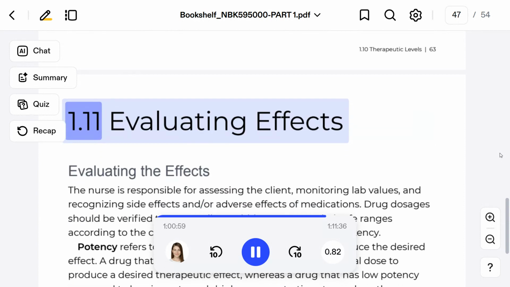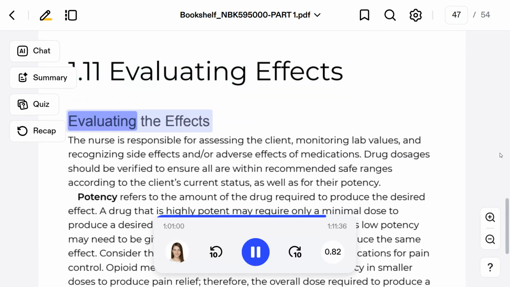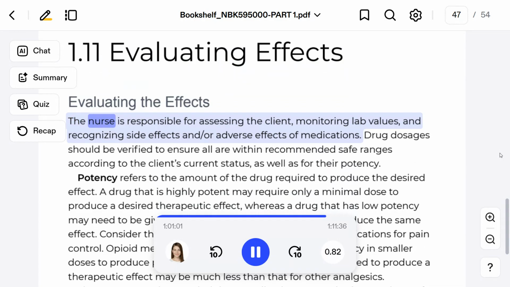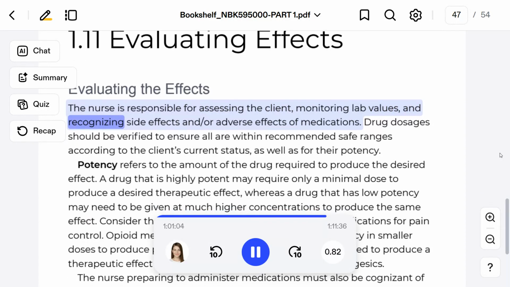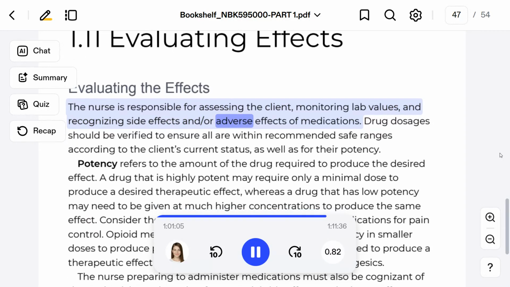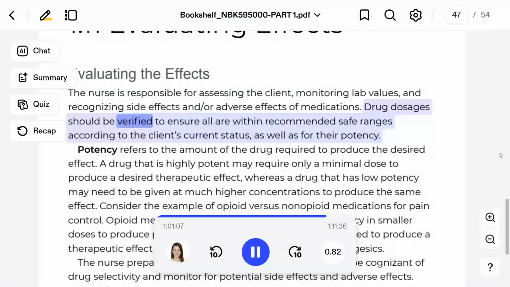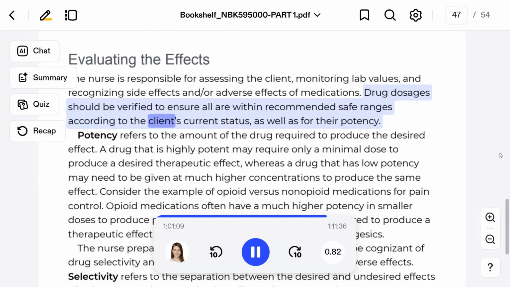1.11 Evaluating effects. The nurse is responsible for assessing the client, monitoring lab values, and recognizing side effects and/or adverse effects of medications. Drug dosages should be verified to ensure all are within recommended safe ranges according to the client's current status, as well as for their potency.